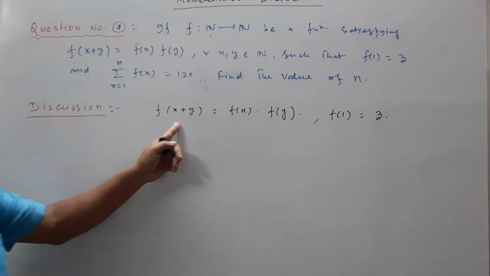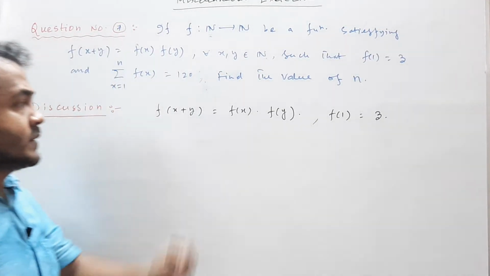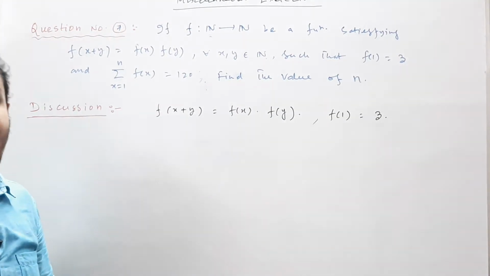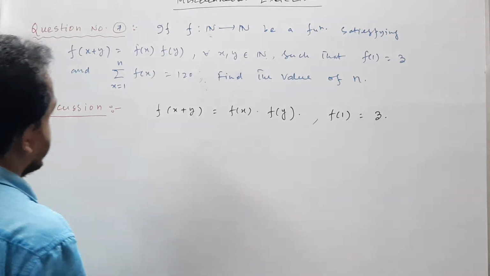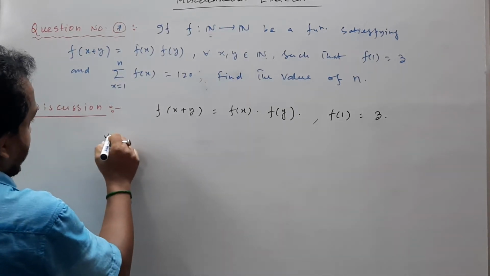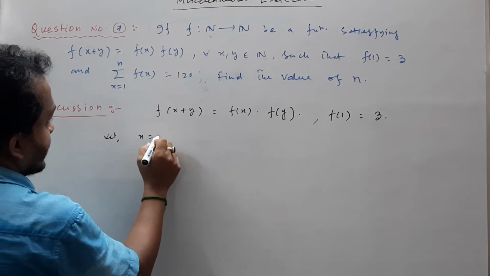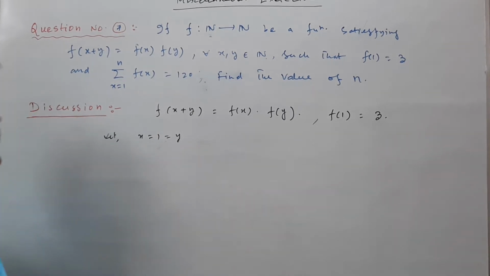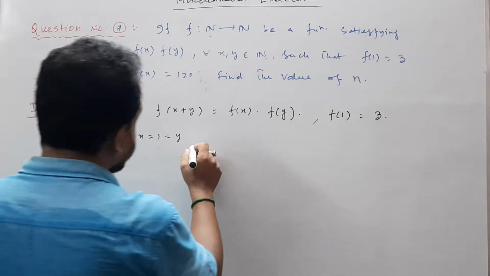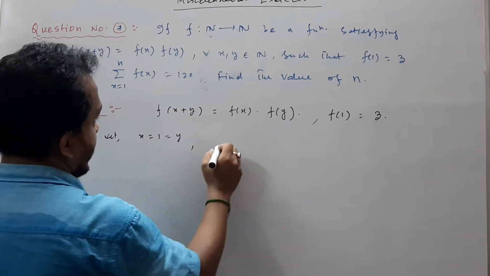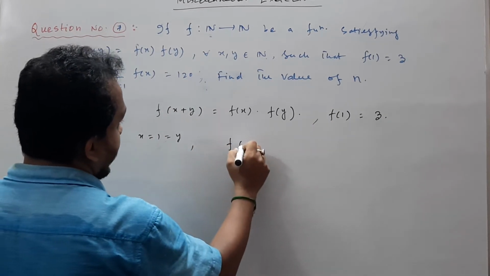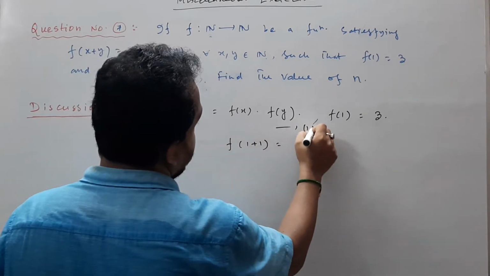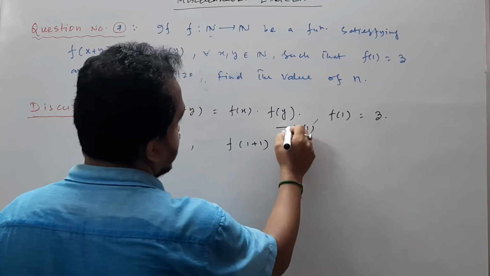Now since x and y are natural numbers, we can choose x and y according to our desire. So let x = 1 and y = 1. Then we have f(1 + 1) equal to this relation. We take this relation as relation 1.